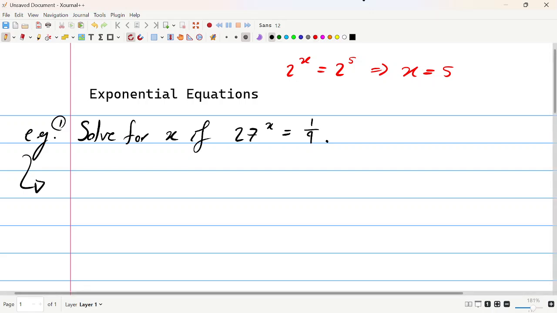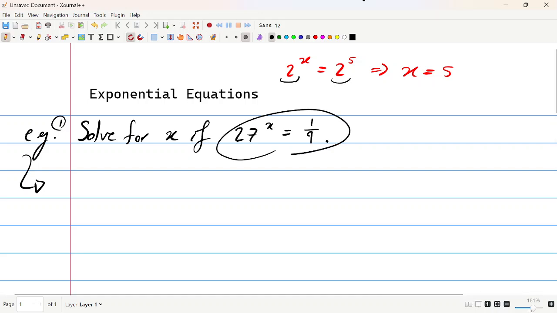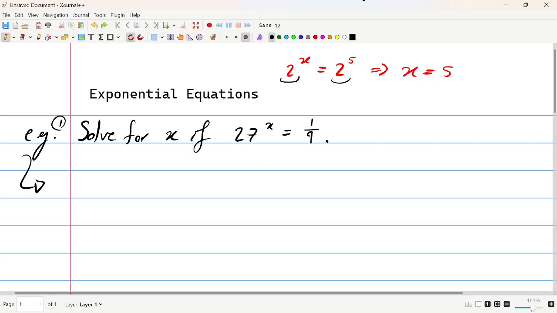So right now, what we need to do is find a way to make the bases the same such that we are only going to be working with the exponents. Hopefully that makes sense. So now we are given this question. Solve for x if 27 to the power of x is equal to 1 over 9.